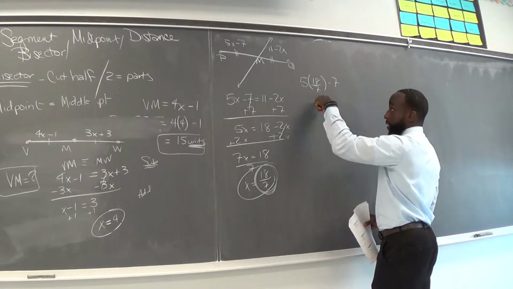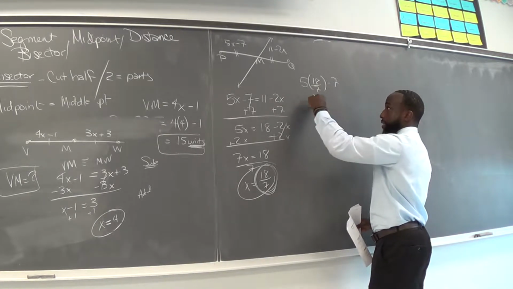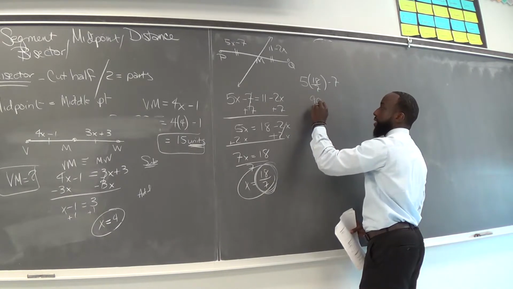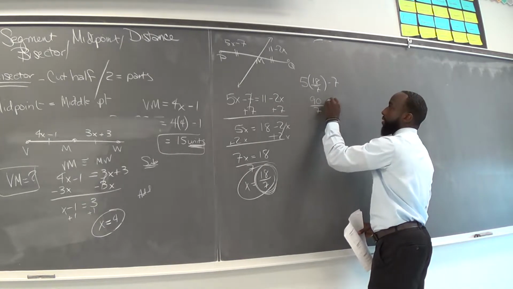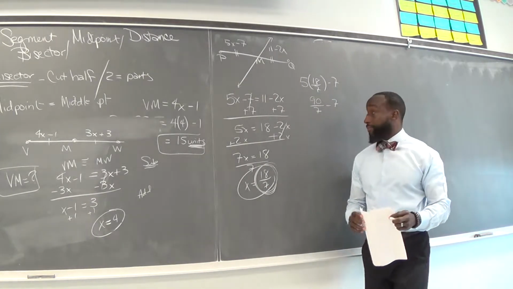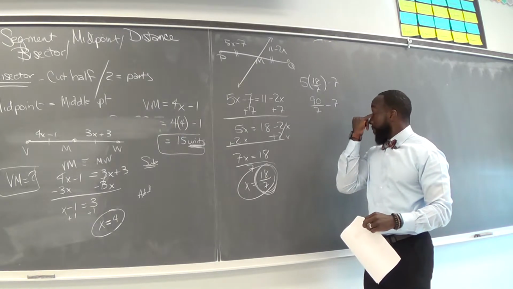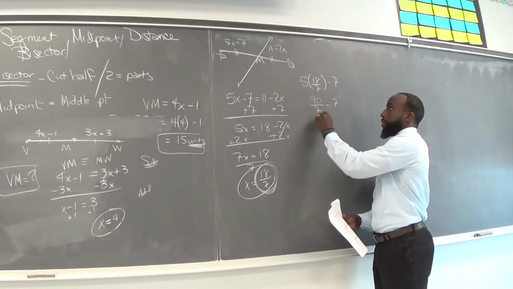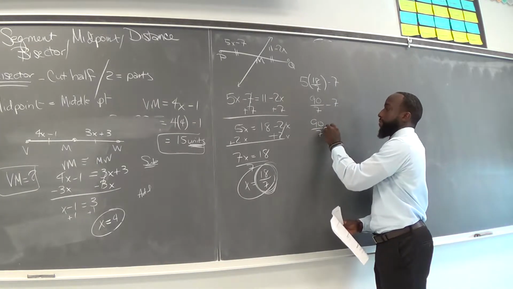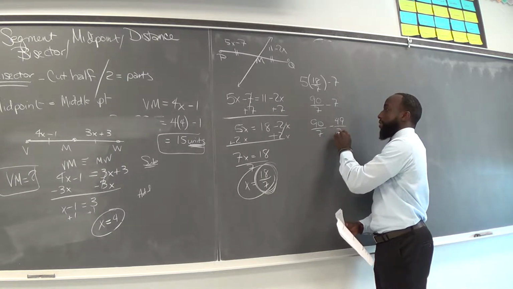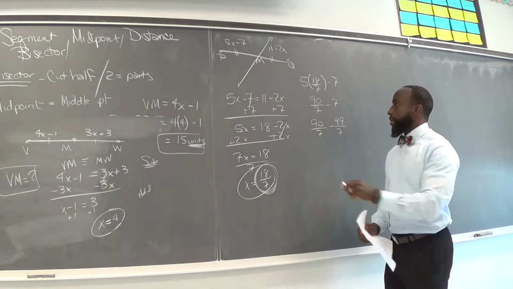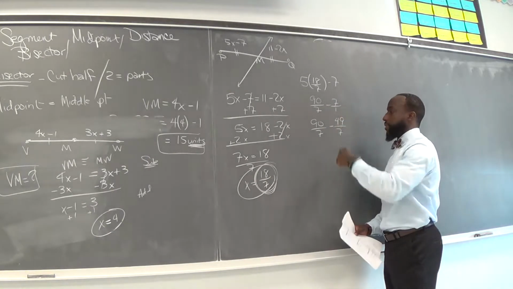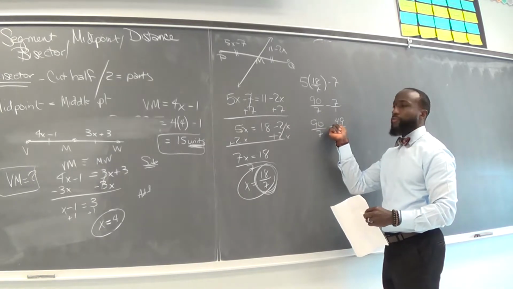You do 5 times 18, which is 90. So 90 over 7 minus 7, which we can write as 90 over 7 minus 49 over 7. Does everybody see where that came from? Yes, because 7 is 7 over 1. We had to get common denominators. Okay? So subtract 49 from 90.